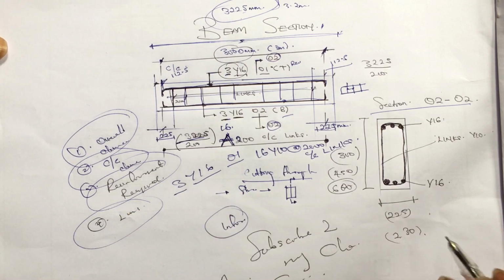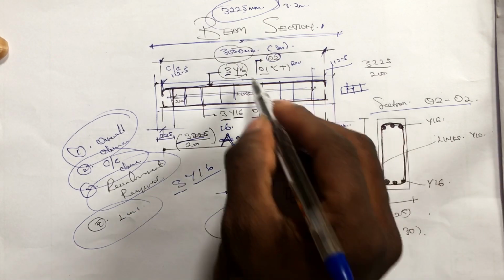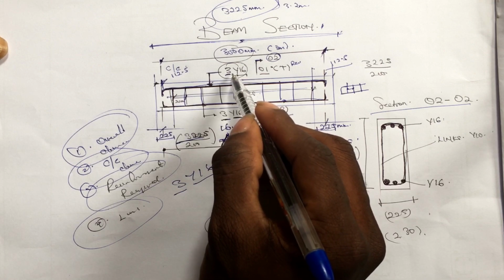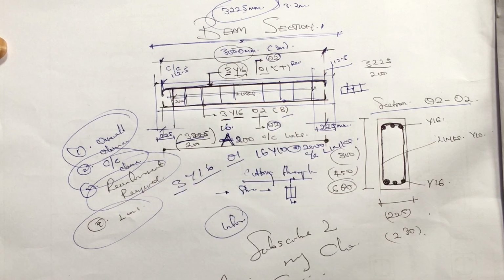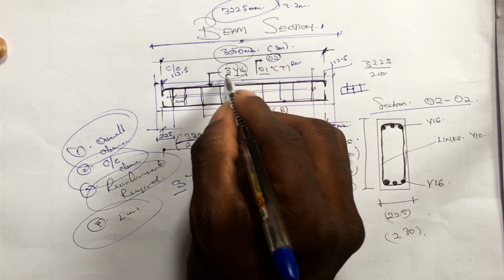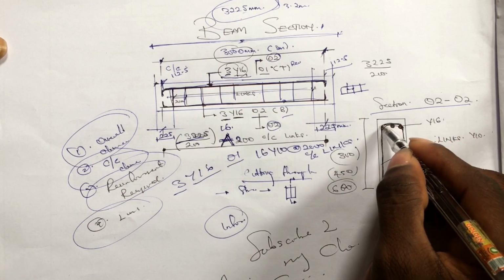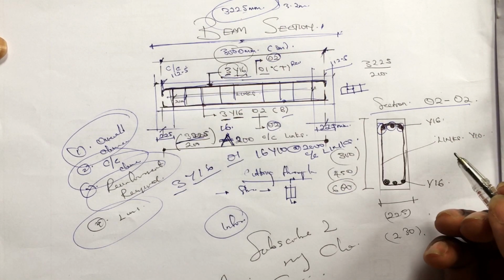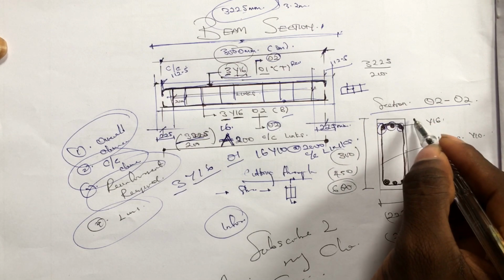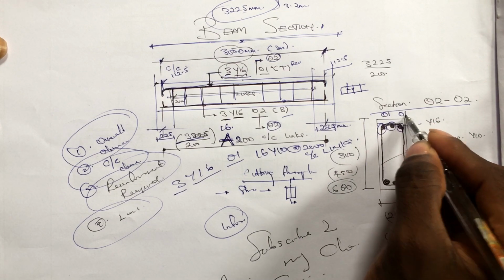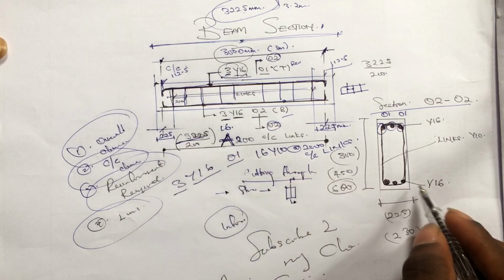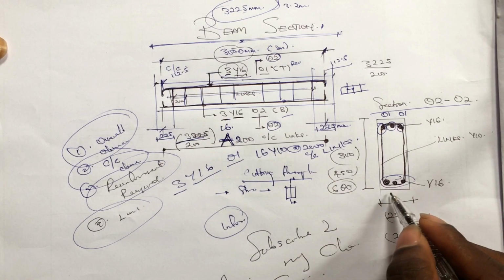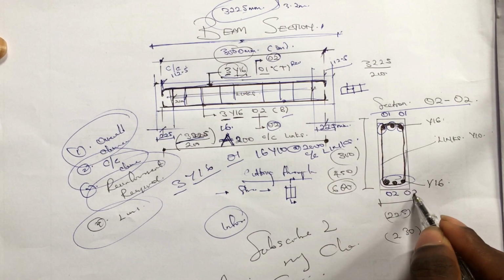Now going into the section itself, which is here, we've actually signified that it is needed, or depending on the design, 3Y16 is needed at the top. So here we have 3Y16 at the top, and we can actually have the benchmark to be 01. So at the bottom we actually need 3 of Y16, then we can actually have the benchmark to be 02.